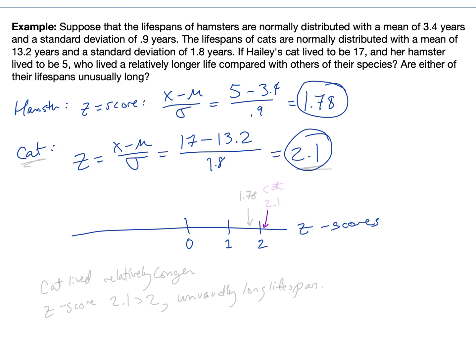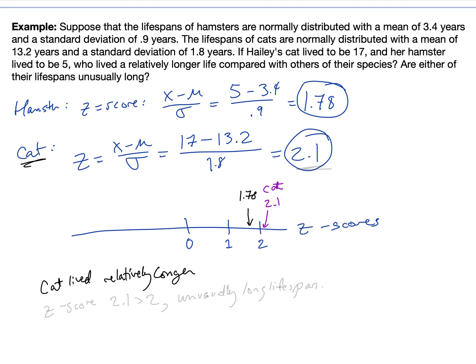So the cat had a z-score of 2.1, and our hamster had a z-score of 1.78. So we would say that relatively, the cat lived a longer life compared with others of its species. Its lifespan was more than 2 standard deviations above the mean.